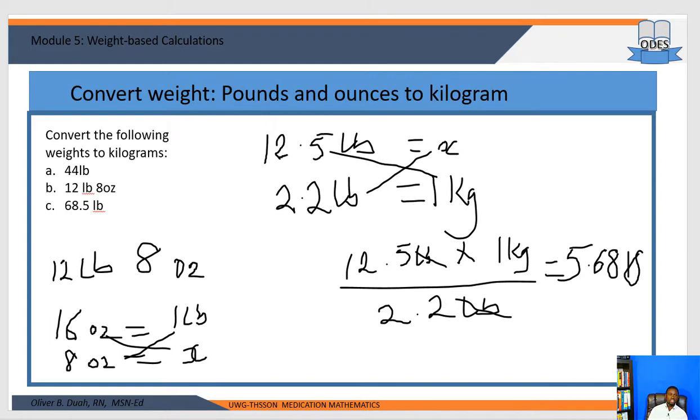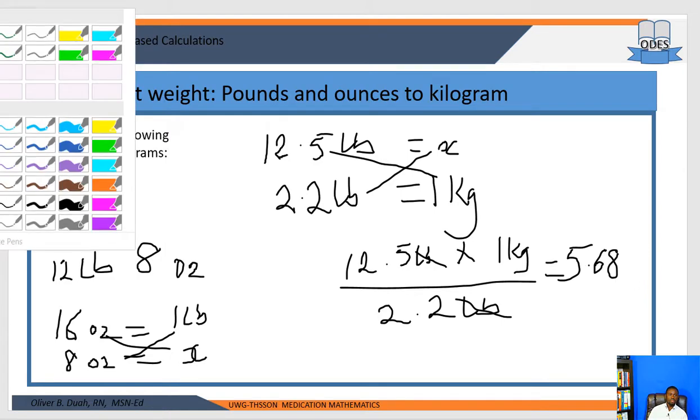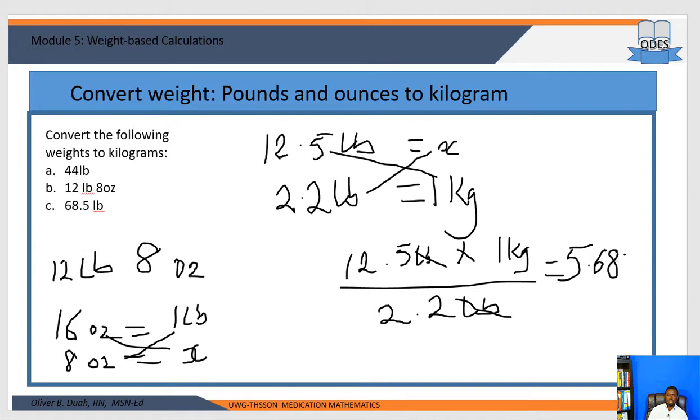So 5.6818. And when you are calculating for your weight, I encourage you to leave your answer to at least 4 decimal places. Otherwise, it's going to skew your calculation. If you have a calculator that has a memory, store your answer in the memory and then use it.